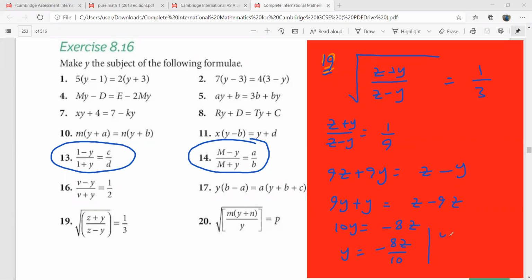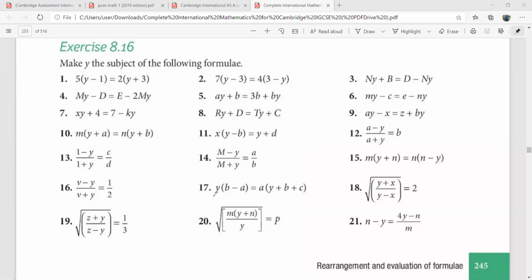Or you can write it as y equal to minus 4 over 5z. That is the subject of this formula, which is y. Okay? Any question? If there is no question, then you should be trying all these questions of this exercise 8.16.